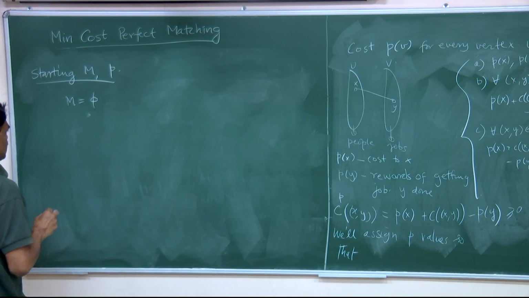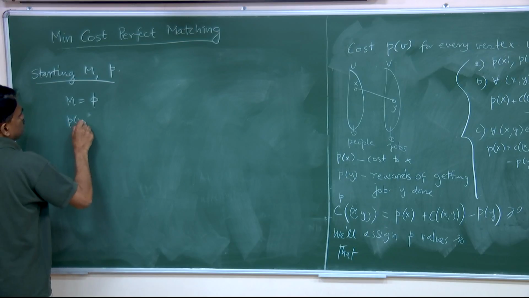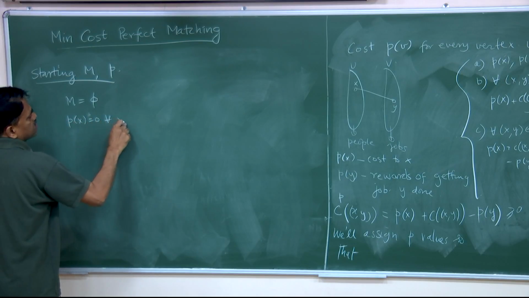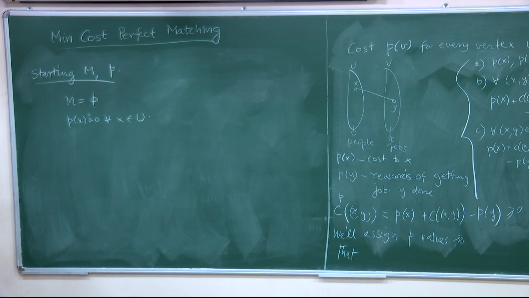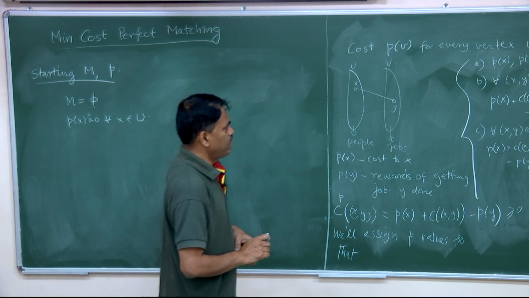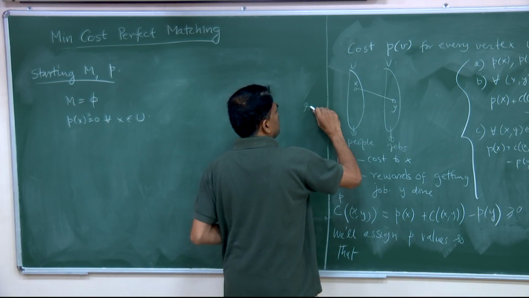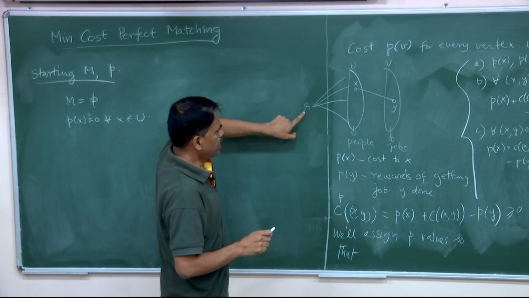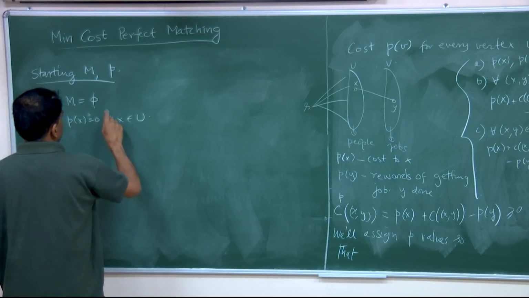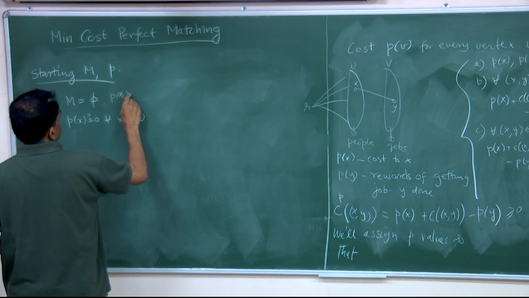And we will assign P of x is equal to 0 for all x in U. For x in V, I have to be careful. For every x in U, I have ensured this. So that means even in this kind of edges, this P is also 0.